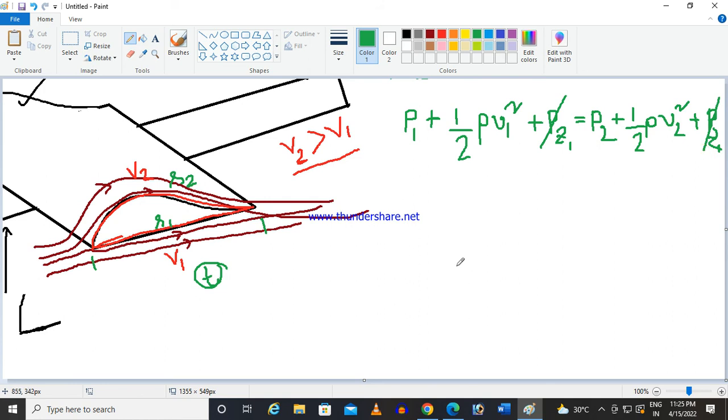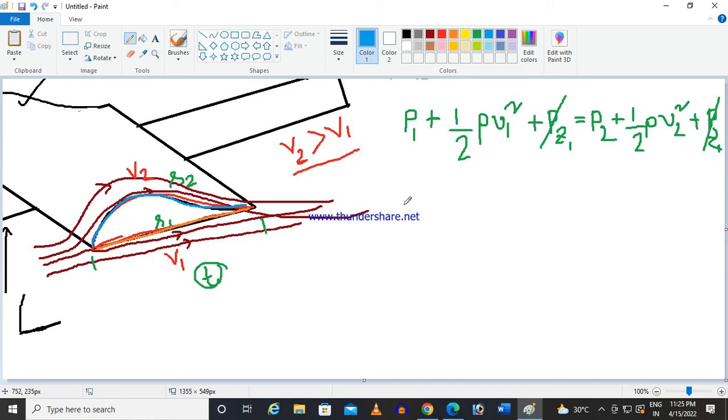Now P1 is the pressure at the bottom of the wing, and P2 is the pressure at the top of the wing.